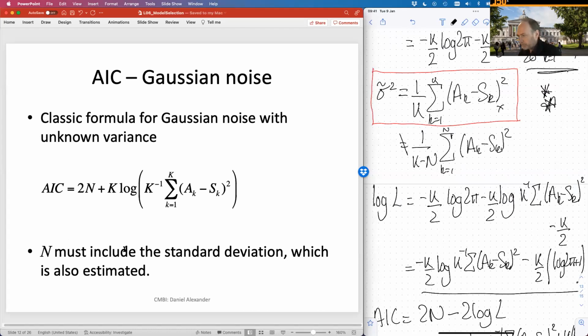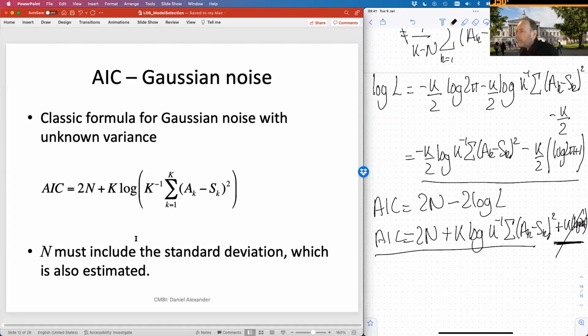So that's what the last bullet point here is saying. This number n of model parameters has to include the standard deviation. So it would be the number of parameters of the model plus 1, because we've also made this additional parameter estimate here. Okay, again, I demonstrate that when I'm using the AIC on that climate change data in the demonstration video.